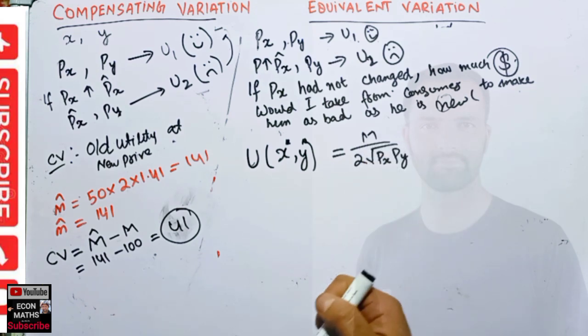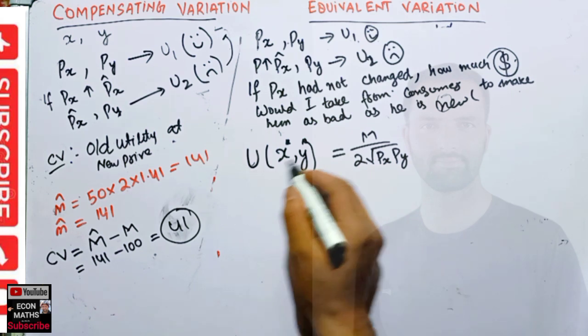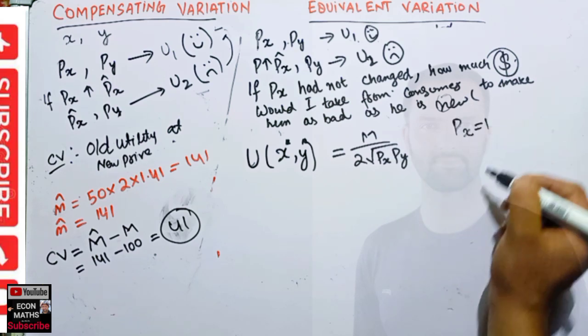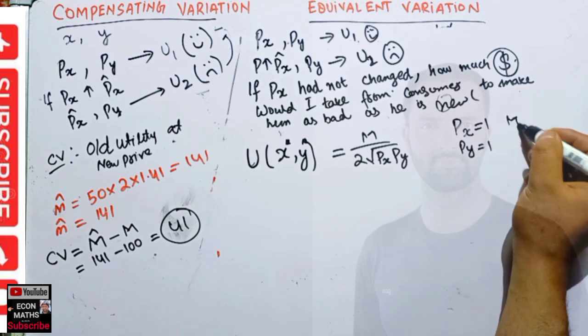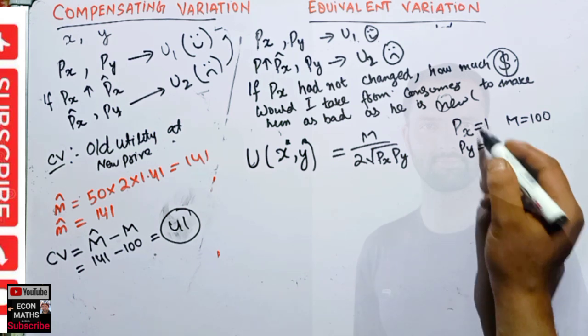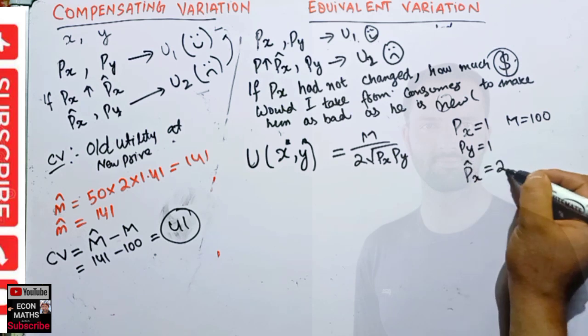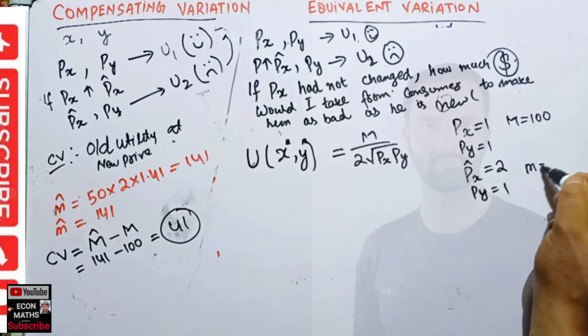Now let us say price of x is $1, price of y is $1, and income of the consumer is 100. Now let us say price of x has changed to px hat, it has gone to $2, price of y is the same, 1, and m is equal to 100.